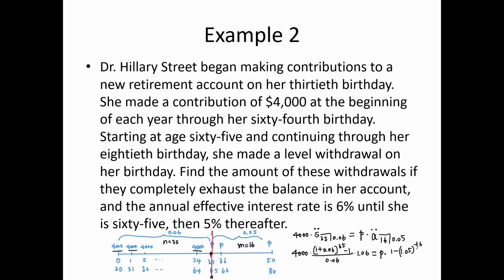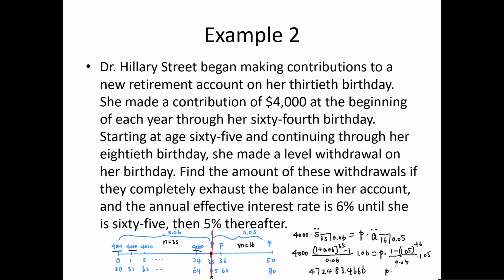And then divided by 0.05, and then you multiply by 1.05. Okay, so you get the annuity due. So we calculate the left side: 472483.4666. I'll keep 4 decimal points to be a little bit more accurate.